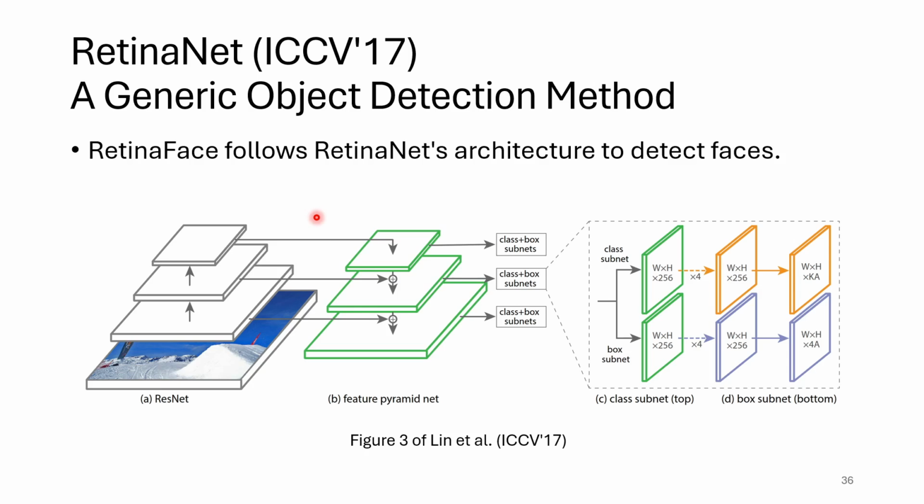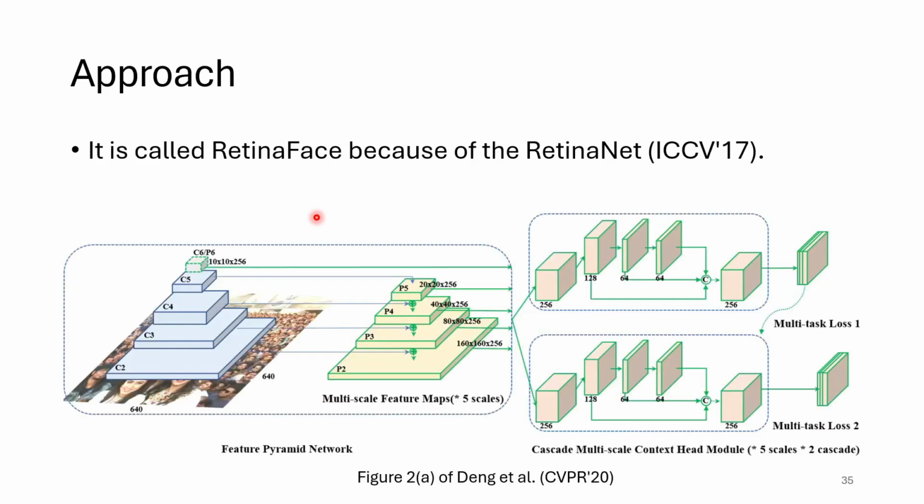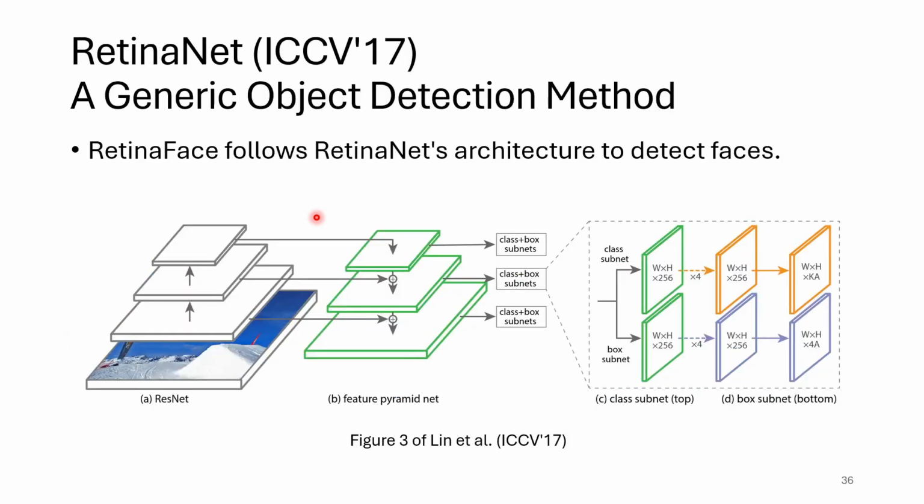When we say face detection, we are only interested in a single class, only face. But what is generic object detection? Suppose you have 20 classes and you train the detectors for the 20 classes. Your detector should be able to detect all of the 20 classes, so that's generic.